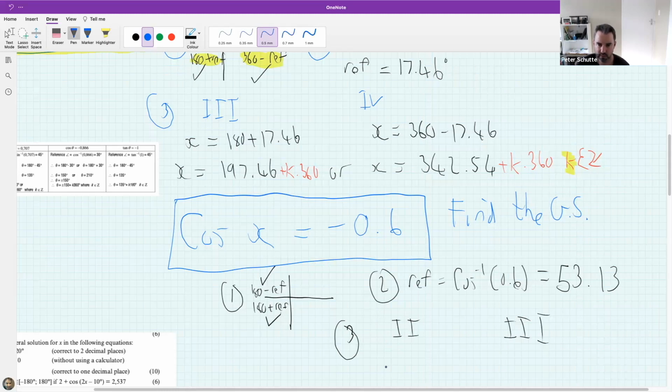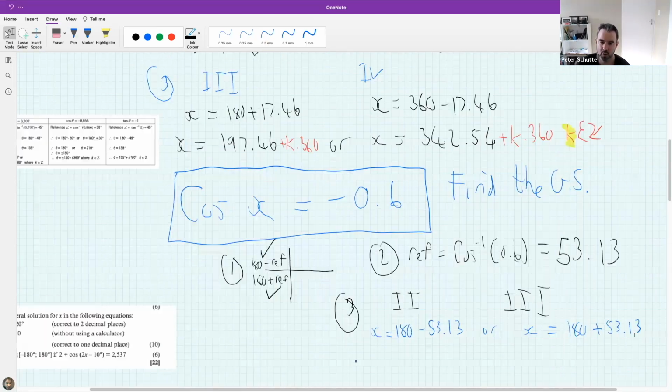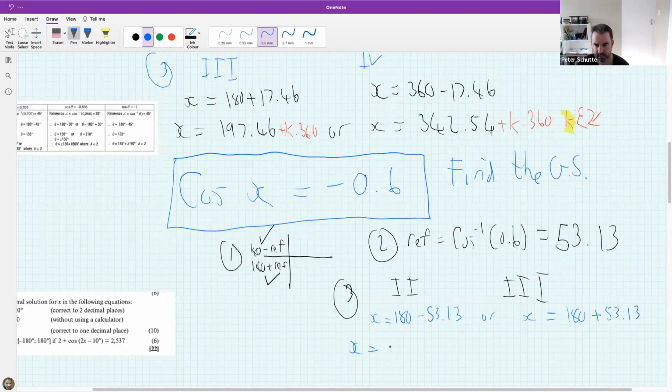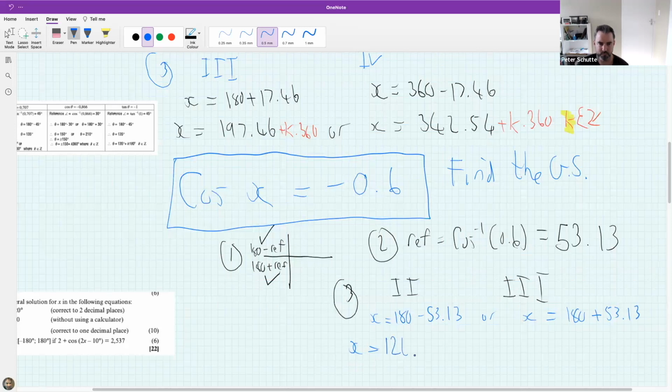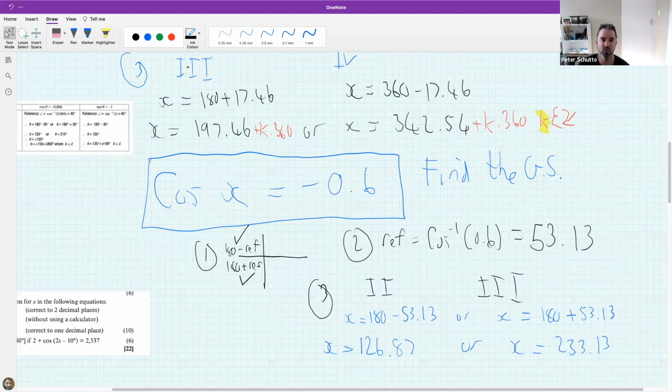So let's see what we get. We get x is 180 minus 53.13, or x is 180 plus 53.13, which then gives me for x 126.87 or 233.13, but it's a general solution.